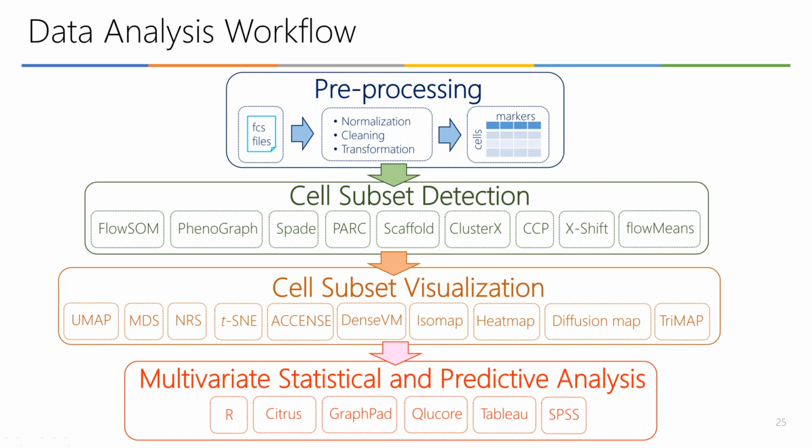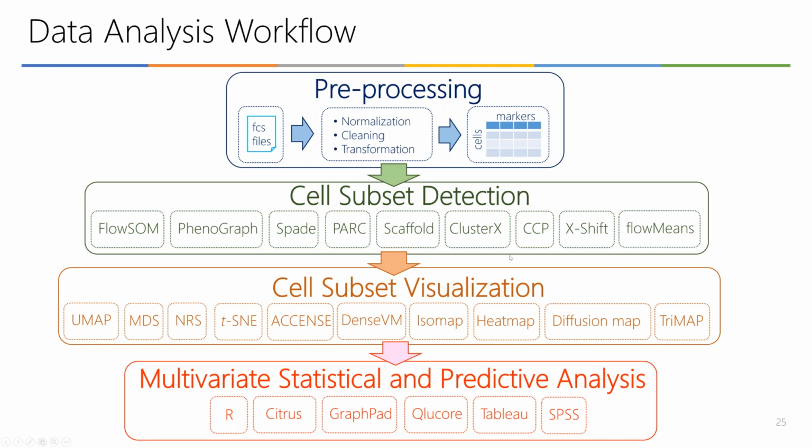The optimal package for each step should be selected and evaluated by the investigator based on the scientific question, and significant tuning of the algorithm parameters might be required before you are confident in the final analysis.